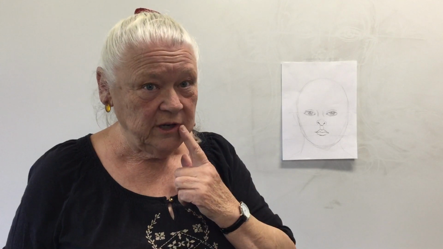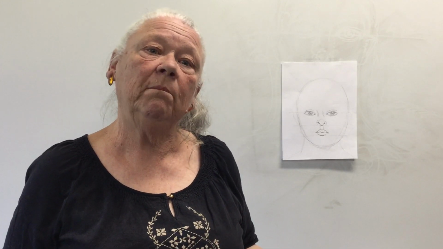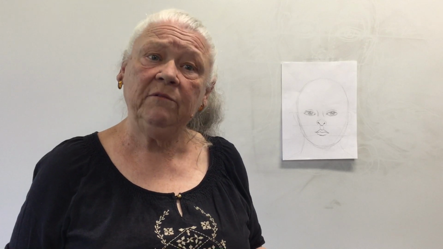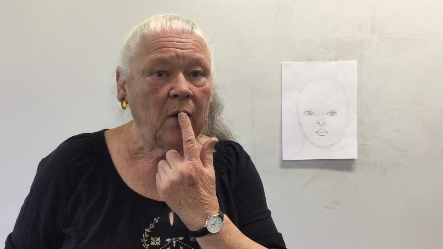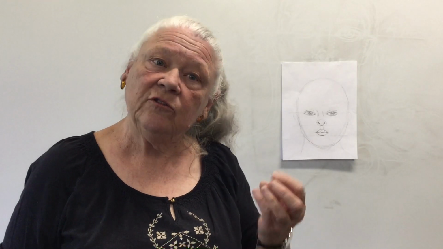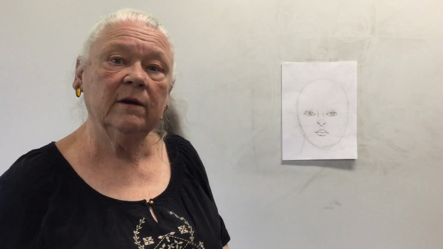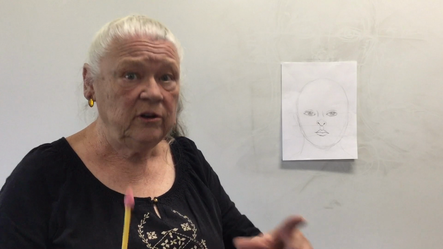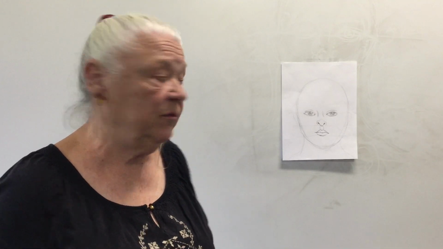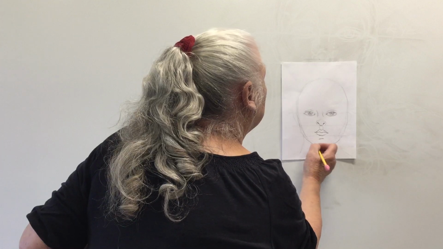I want you to look at your lips, and the question is, which is bigger, the upper lip or the bottom lip? Which is rounder, the upper lip or the bottom lip? Right here, do you have extra little bit of skin that makes this little rounded part here? Only you can answer these questions because you're looking into the mirror at yourself. And then here is your chin.